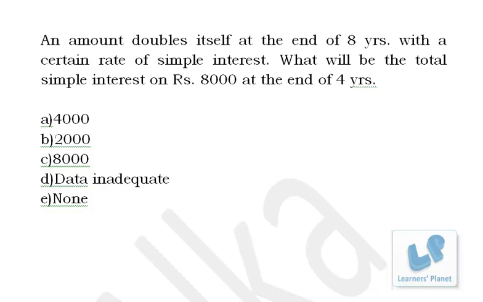So in 8 years you'll be getting 8,000 as simple interest, which means in 4 years you'll be getting 4,000. So there is no need for any paperwork. It's a very, very simple concept. So your answer is 4,000.